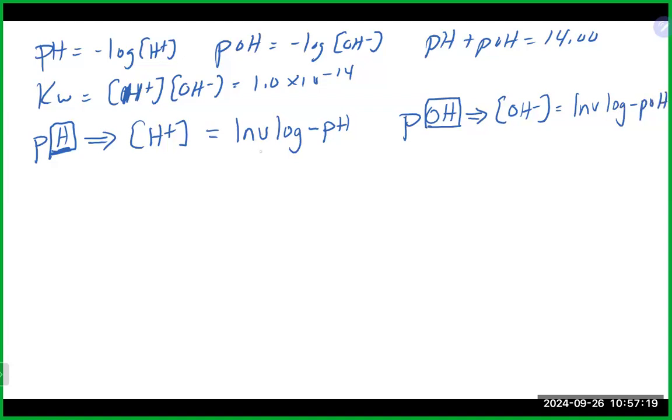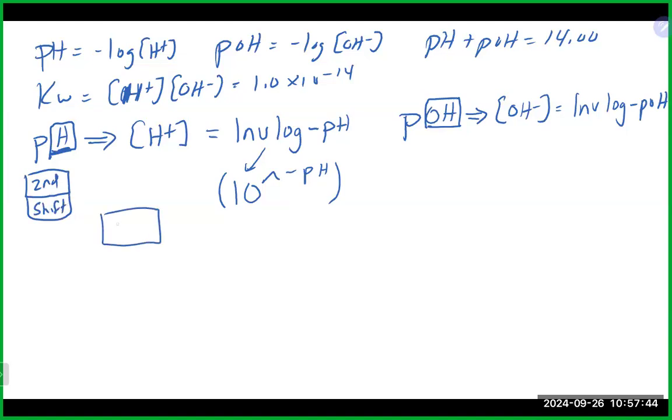What does that look like when you punch that in your calculator? On most people's calculators, when you do the inverse log, it will pop up a 10 and a caret, also known as how a lot of people still do scientific notation incorrectly. So this is what you want to use it for. On most calculators, you want to use the second button, maybe the shift button in the top left corner, and your log button.